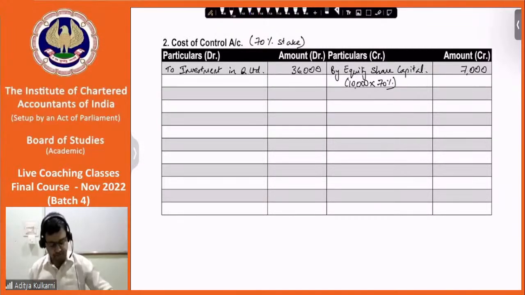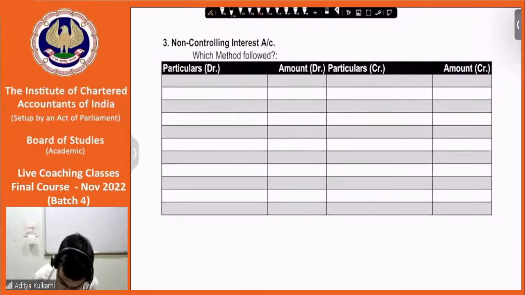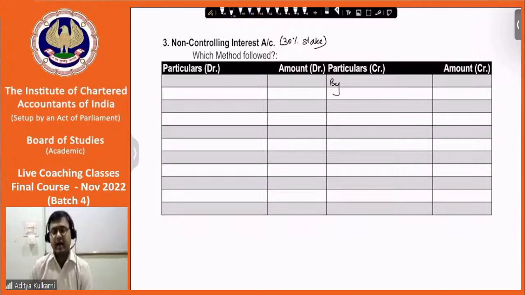All right. Next. Sir, 70% I eliminated. 10,000 was there, 7,000 I eliminated. I'm still left with 3,000. That 3,000 will go to NCI. 30% stake. And always for NCI, write down which method is being followed.